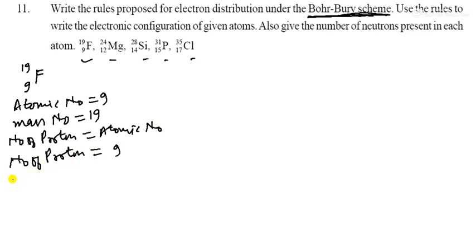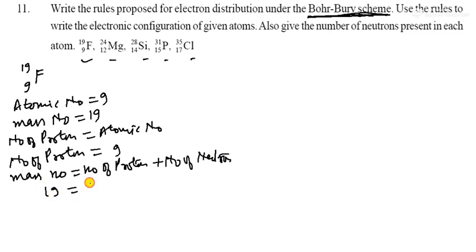Now find the number of electrons. Now mass number, as you know, mass number is number of protons plus number of neutrons. Mass number is 19, number of protons 9, and it is n.